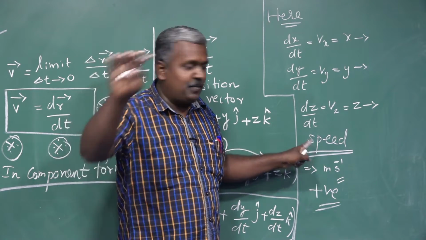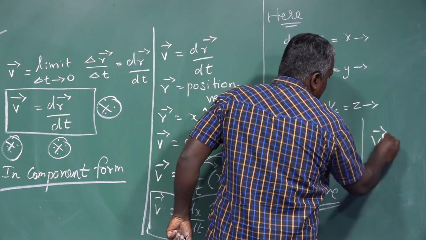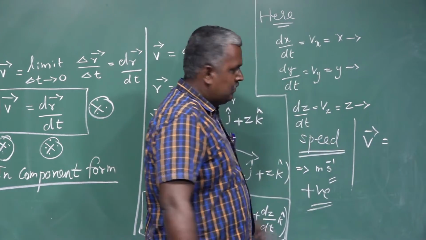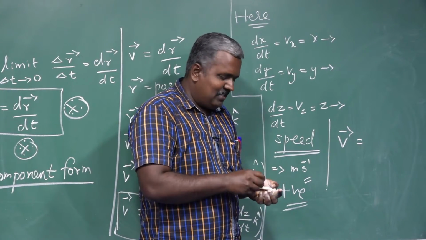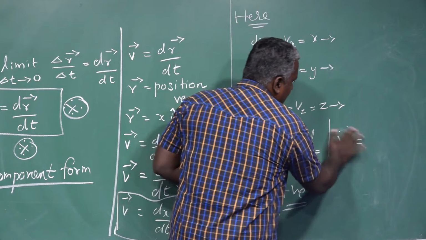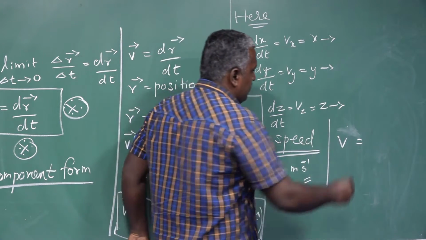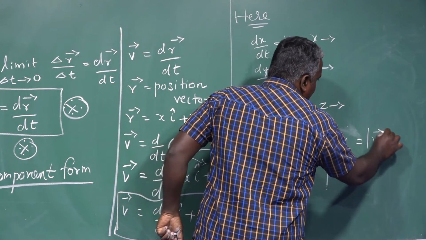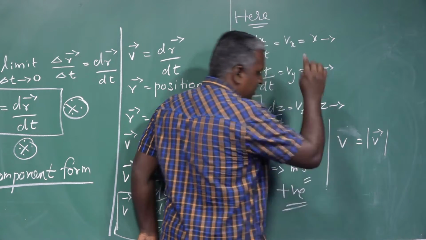So speed v vector is equal to... is this correct? No, this is wrong, because speed is a scalar quantity. Only v. V is equal to the magnitude of velocity. That is called speed.